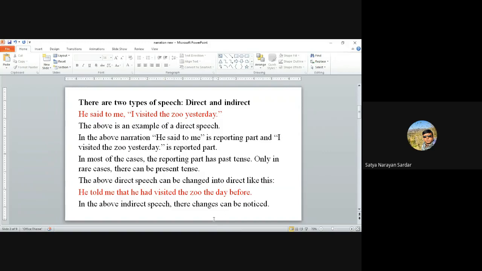If you notice in this transformation into indirect speech, "said to" has been changed into "told," "I" into "he," "visited" into "had visited," "yesterday" into "the day before." That means in this sample narration, we can find some changes, and those changes are essential to make because it is governed by the rules of narration.